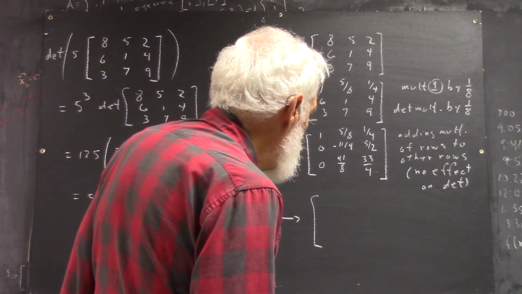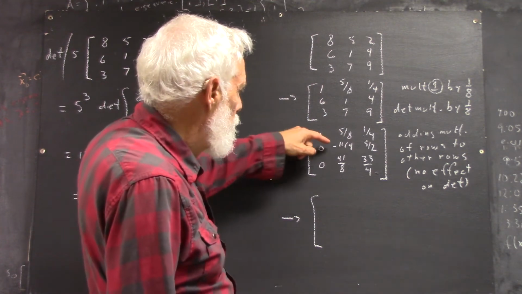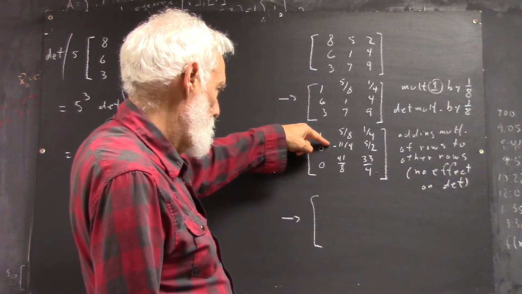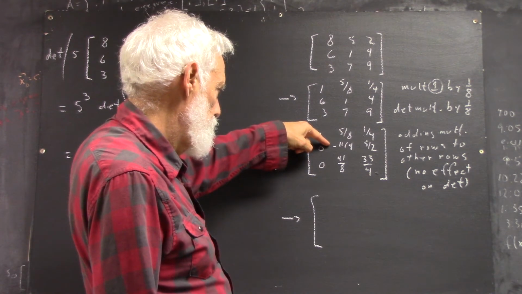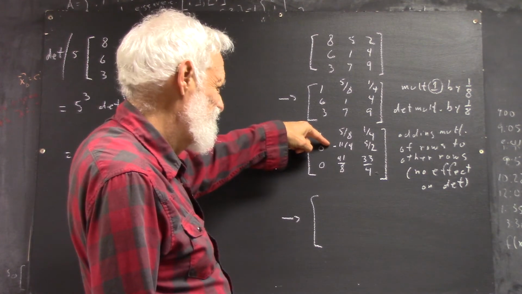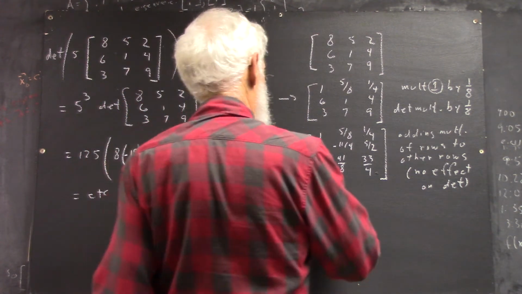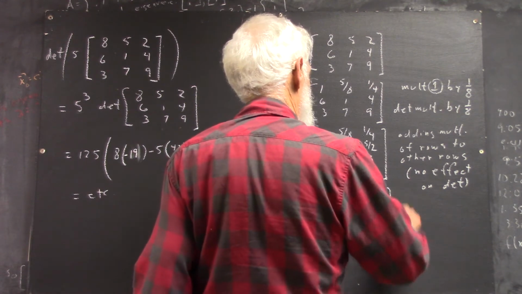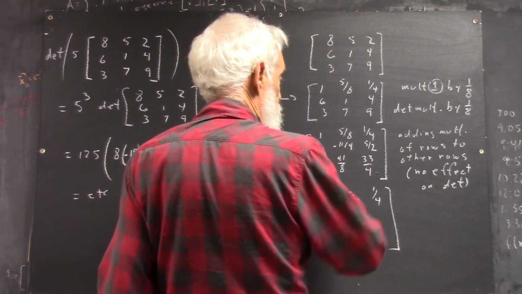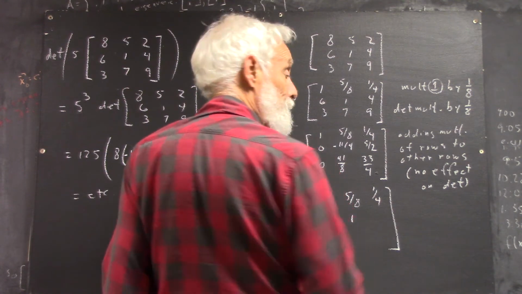So, if we multiply this. I don't want to do that. Too many steps in my head. I won't get it right. Probably get it wrong anyway. But I'm just going to reduce this so I have a 1 here. Okay?